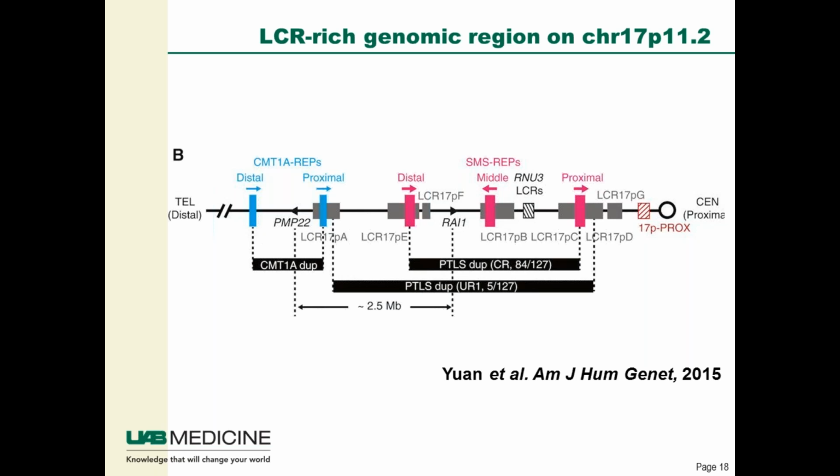And besides, within those large low copy repeats, there are some inverted or directed short low copy repeats with similarities higher than 99%. So it's extremely difficult to identify. All the breakpoints are lying in the repetitive regions, so it's difficult to identify using short reads.